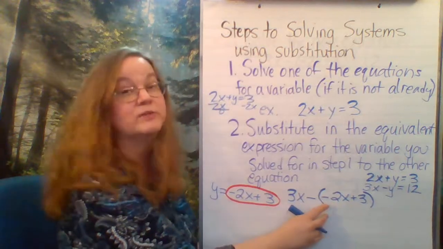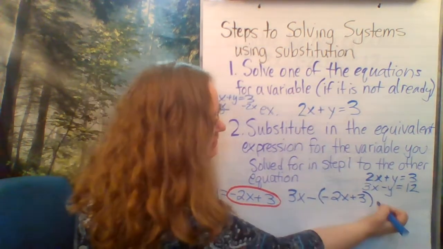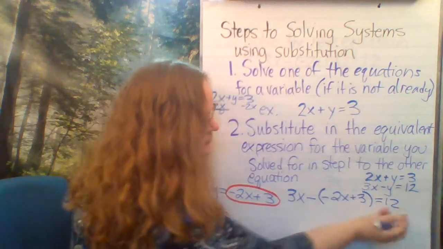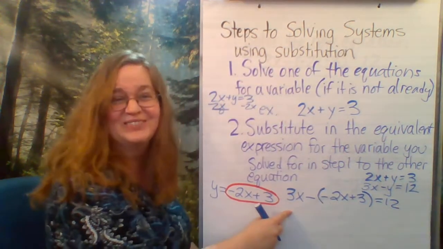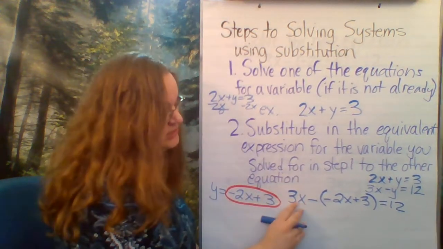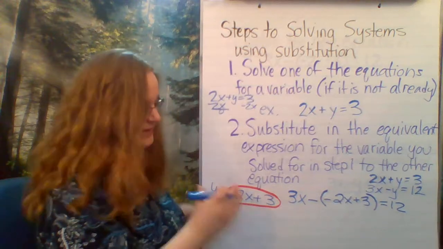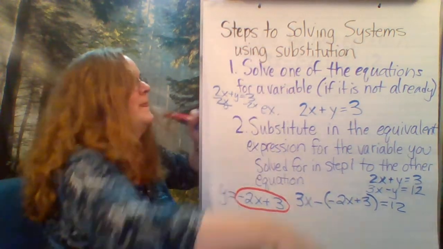If you get in the habit of always substituting into parentheses, you'll make fewer mistakes, and it'll be easier overall. Even though this looks a little complicated, we have a single variable in a single equation, and we can solve that. Let's look at the next step.